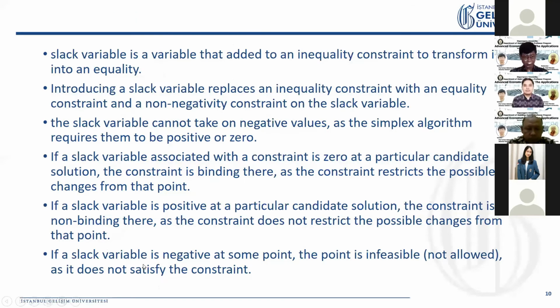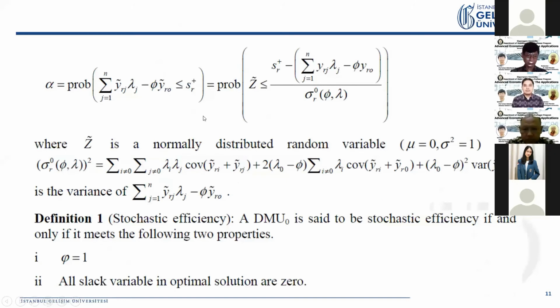Okay, this is the explanation of the slack variable. As I mentioned before, at the end we would like the slack variables to be equal to 0. This is the explanation of the constraint and then the alpha and so on, so we can see the definition here.